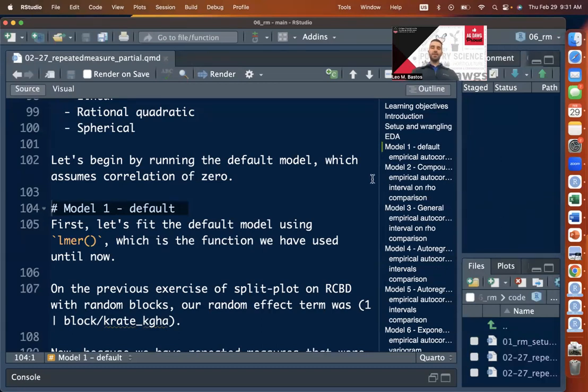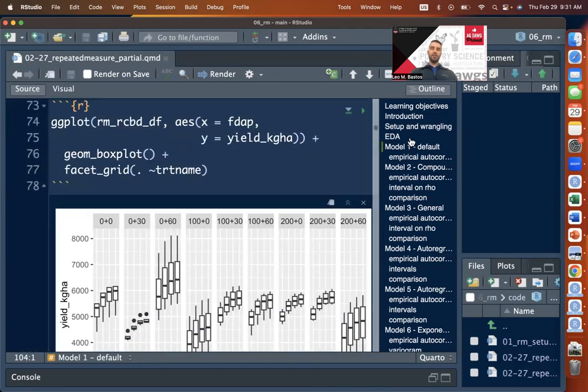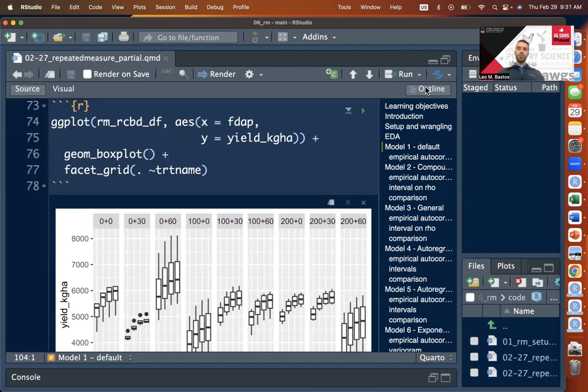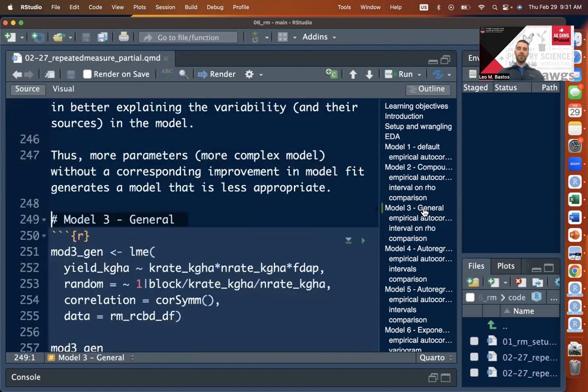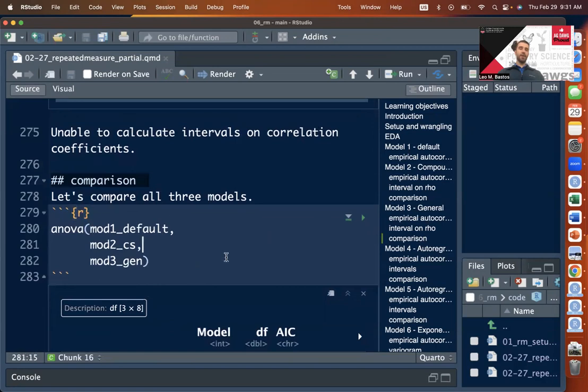As is my case here, I don't have any of my objects. We did a lot of things already, but if you look at the outline, we stopped at model 3 general comparison. So this chunk here was the last one that we ran.